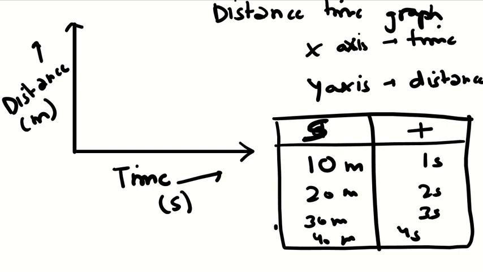So at 1 second the point is at 10, at 2 seconds the distance traveled was 20, so the point is over here, then third, fourth, 30, 40.